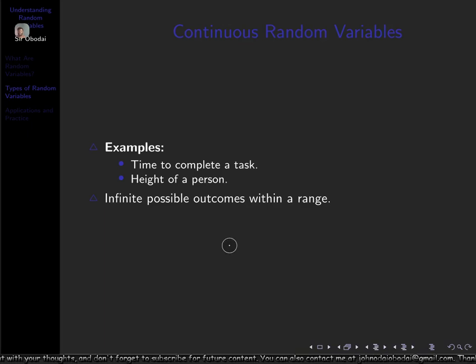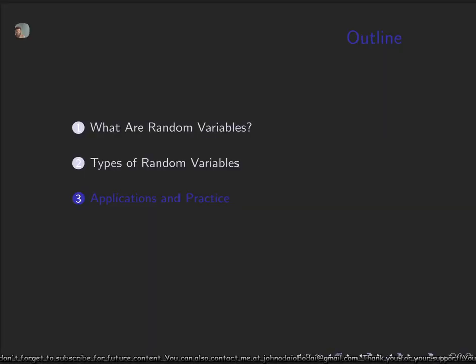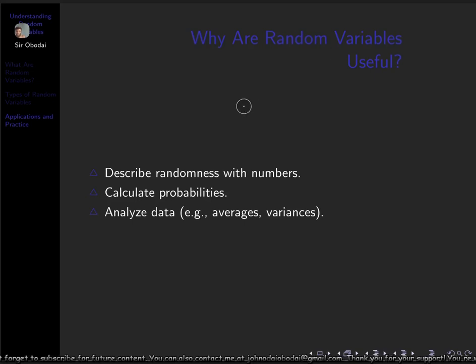So now that we know what these random variables are and the types, which is discrete and continuous, why do we even need random variables? Why do we need random variables? So random variables, first of all, help us do what? Describe how random data is. You see?